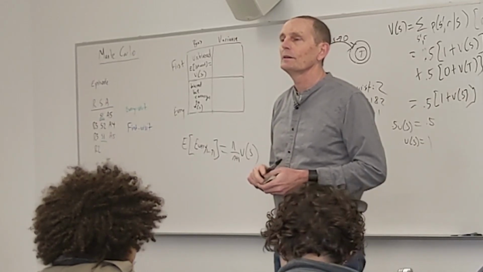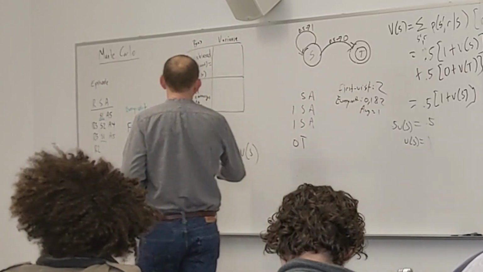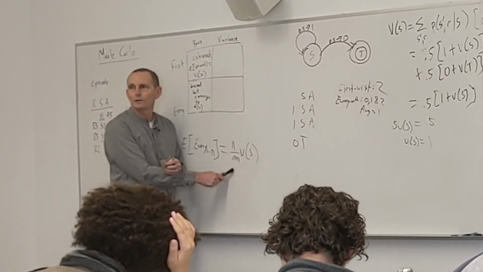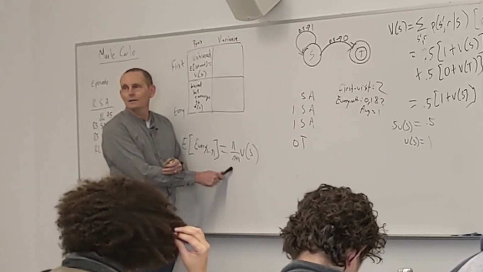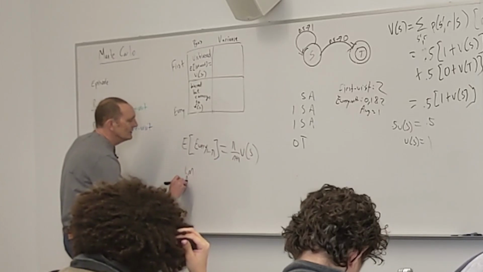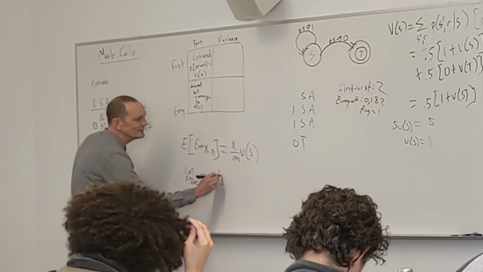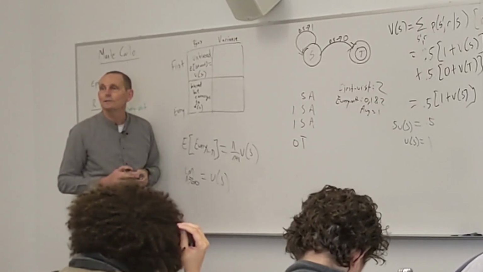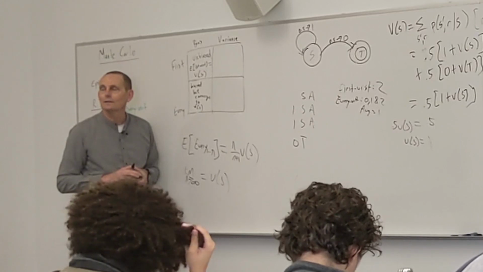Can you explain the n plus 1 term again? Why is it n plus 1? When n approaches a large number, the limit as n approaches infinity is going to equal V of s. Yeah, that's right. But why is that specifically n plus 1? Because it could be n plus 2.